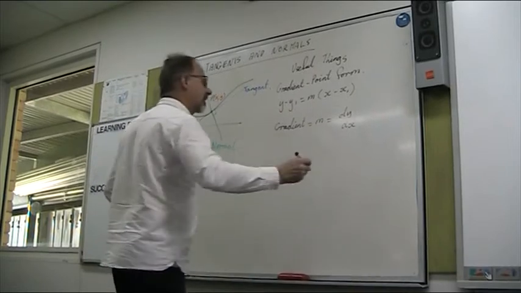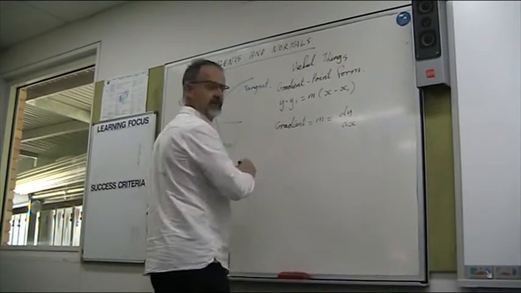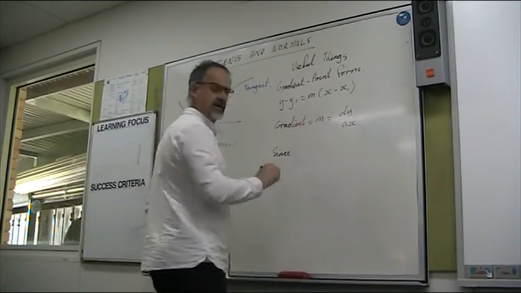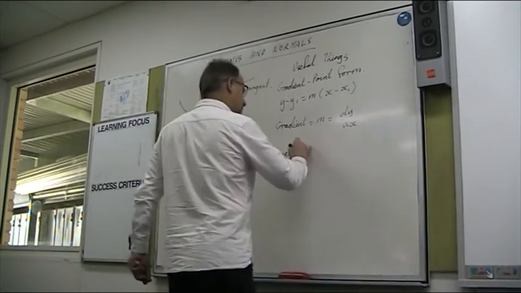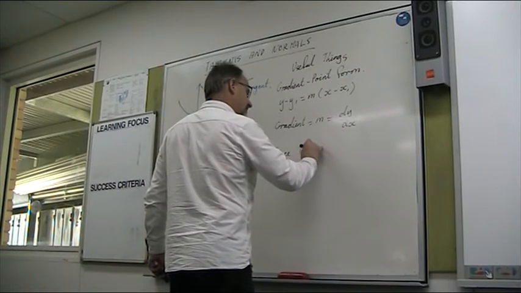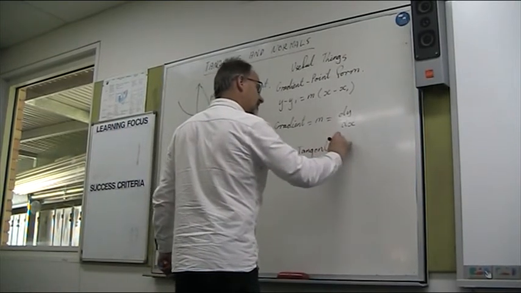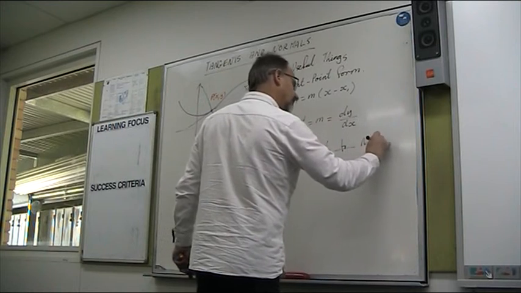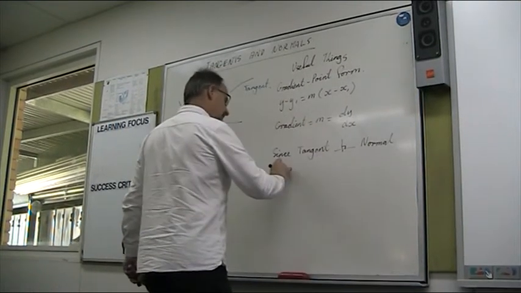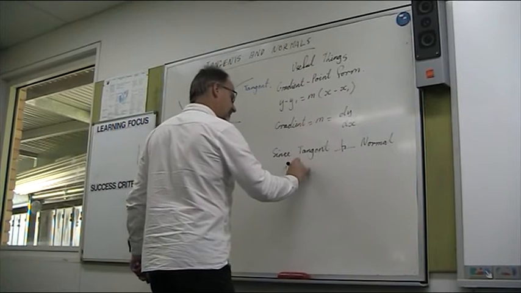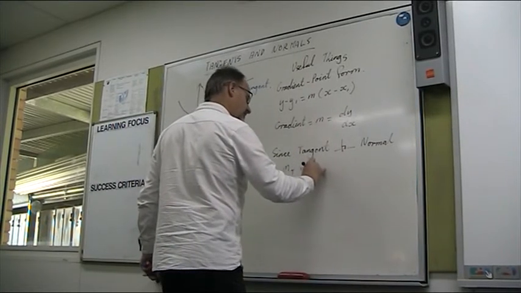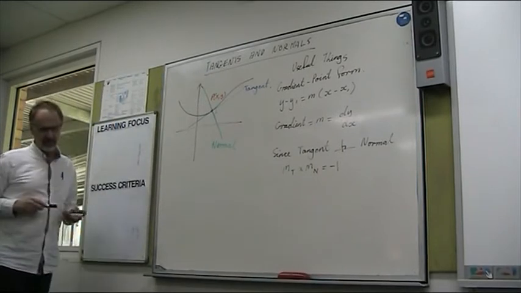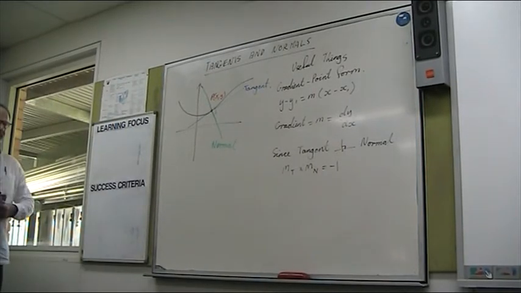And the other thing that is useful for us is that since the tangent is perpendicular to the normal, then the gradient of our tangent times the gradient of our normal has got to equal -1.